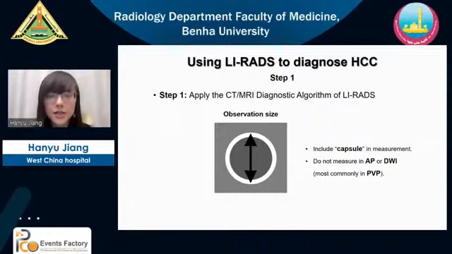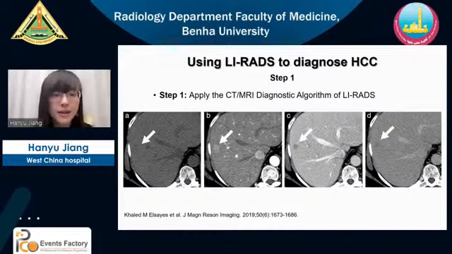First, the observation size. It's important to bear in mind that while we are measuring a liver observation, we should include the capsule in the measurement, and do not measure these imaging features in the arterial phase or diffusion weighted imaging. It's recommended to measure this in the portovenous phase. Let's have a look at a case.